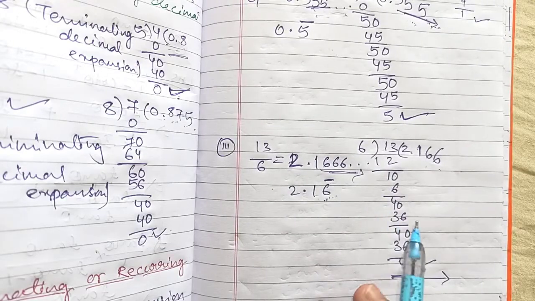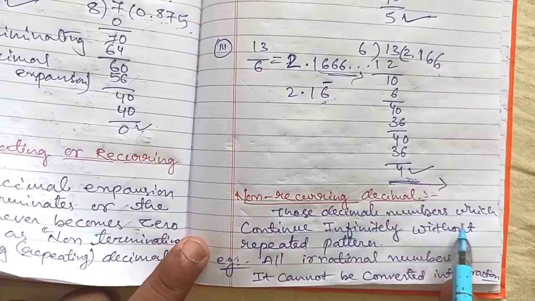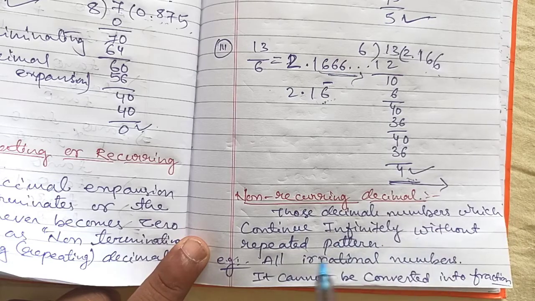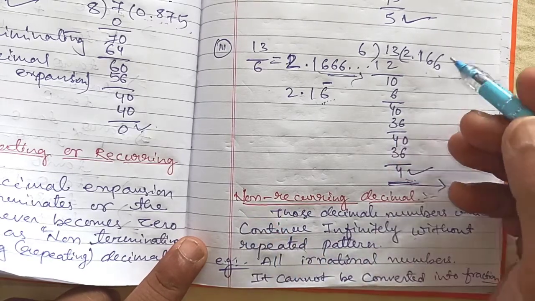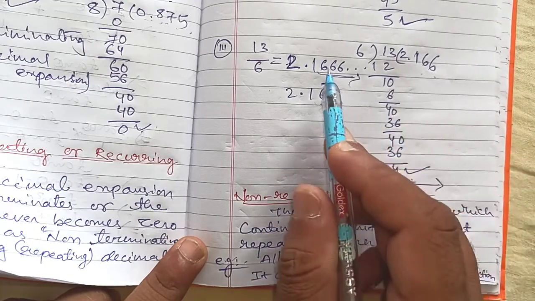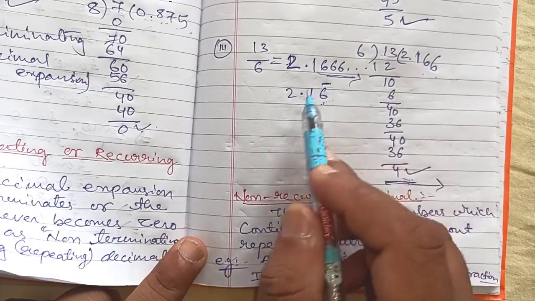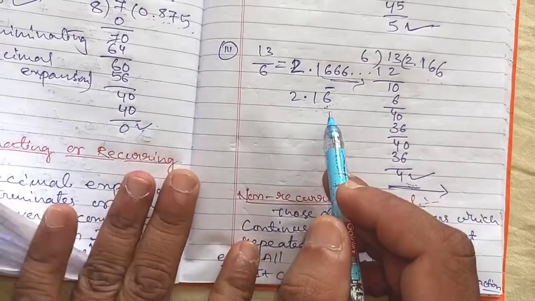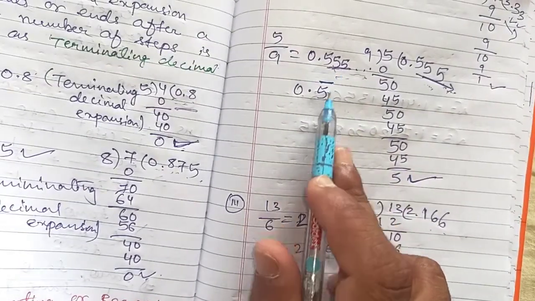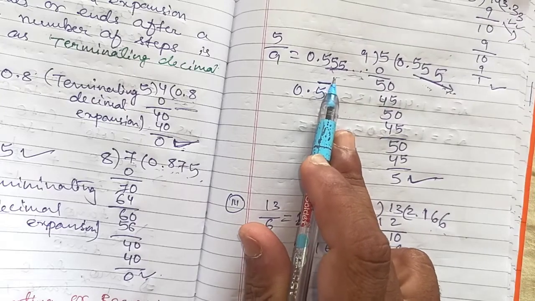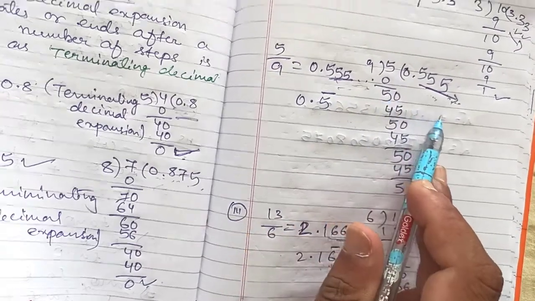I told you I will explain about non-recurring. Well, those decimal numbers which continue infinitely without a repeated pattern. Here which number is repeating? 6 is repeating. There is a pattern, like 2.16 bar we can write. Here 5 is repeating, we can write 5 bar, because the number 5 is in a pattern, 0.555.